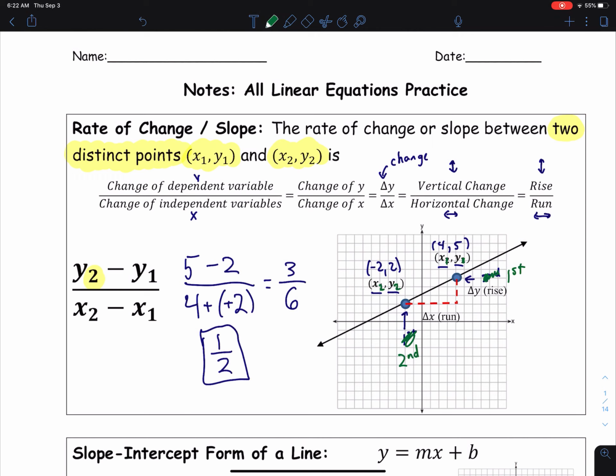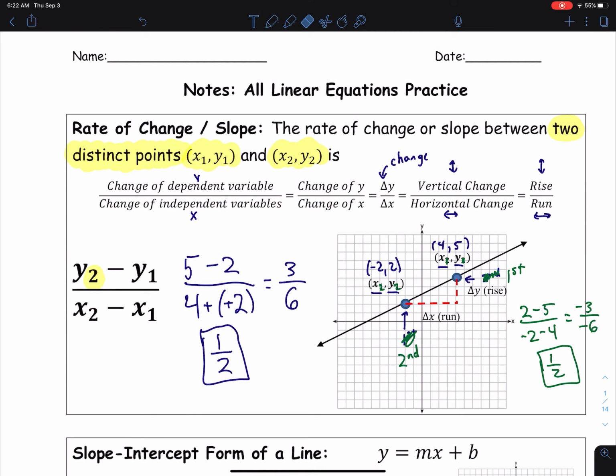I'll show you that we'll get the same slope. We'll do y2, which is 2 in this case, minus y1, which is 5, over x2, which is -2, minus x1, which is 4. We would get -3 over -6, which is 1 over 2. So you get the same exact slope.